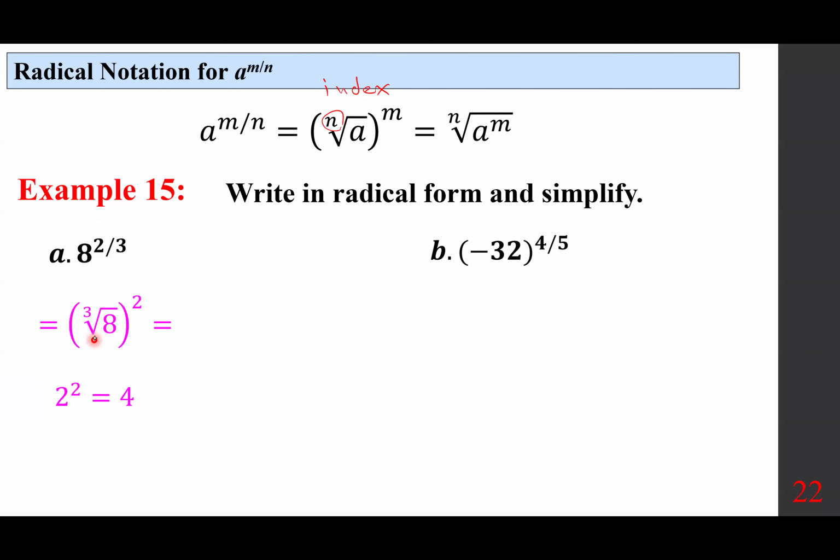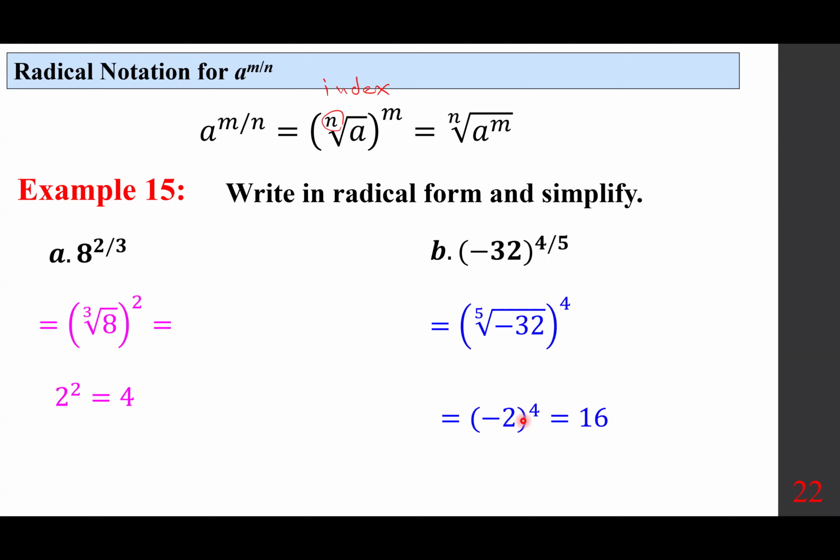Negative 32 to the power of 4/5. Again, the denominator means the fifth root of negative 32. And because we've already discussed this is negative 2 to the power of 5, this expression is negative 2, and to the power of 4 is positive 16.